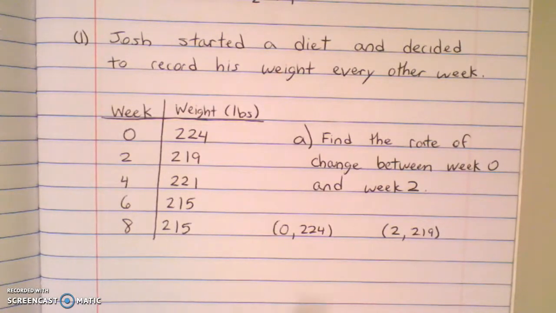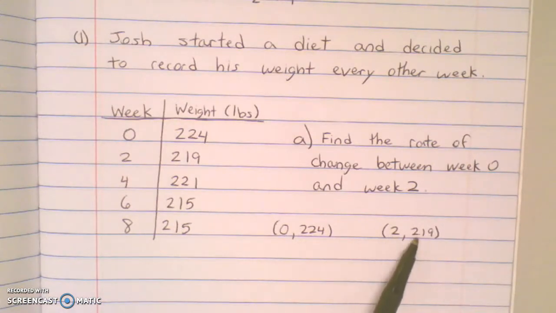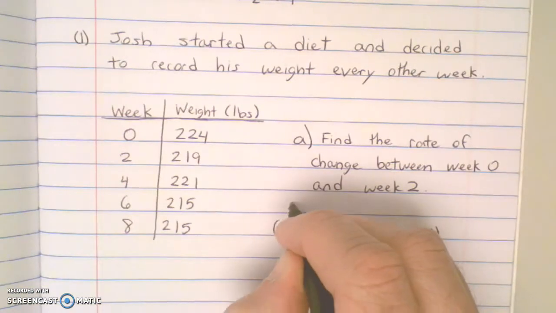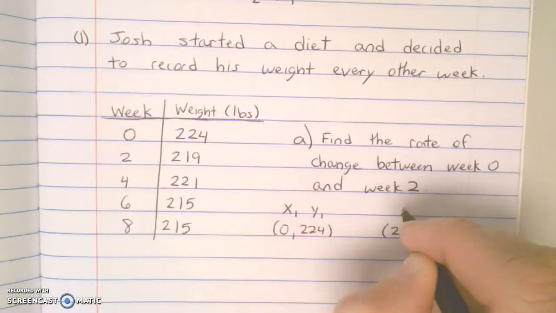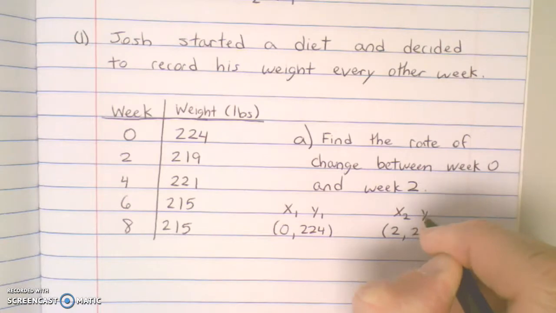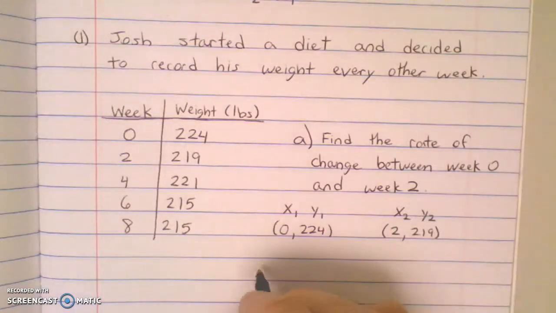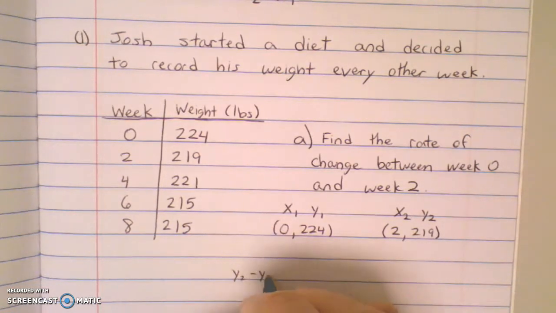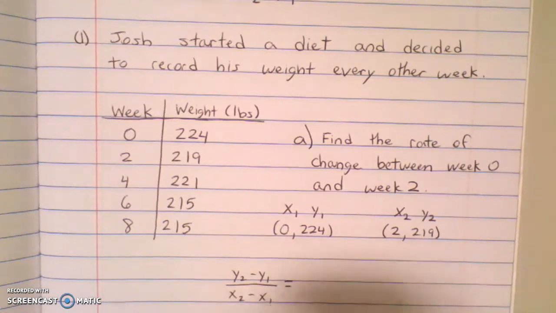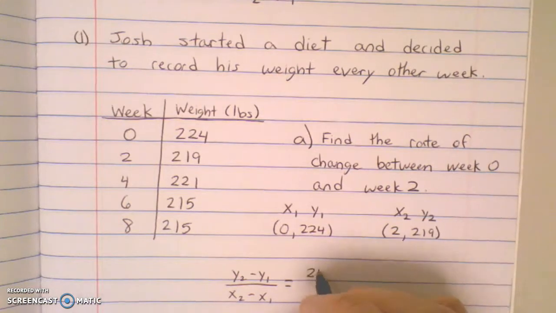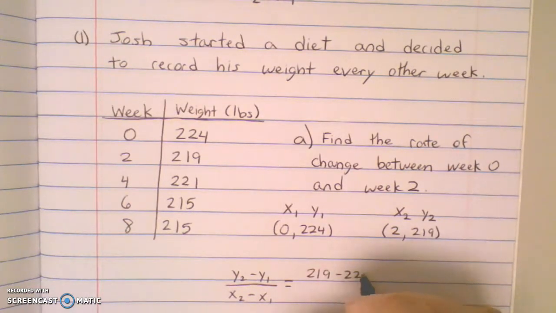And so to find the rate of change, we're just going to use the slope formula. So we're going to label our points x1, y1, x2, y2, and then apply the formula. So I need to do y2 minus y1 over x2 minus x1. So y2 is 219 minus 224 over 2 minus 0.